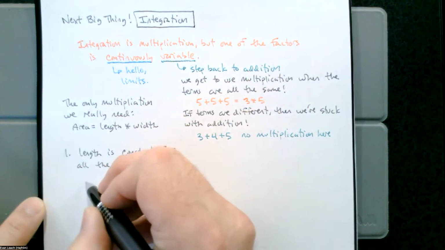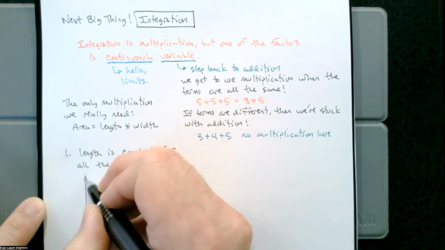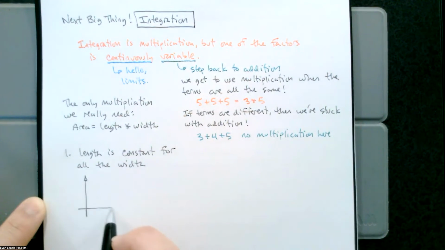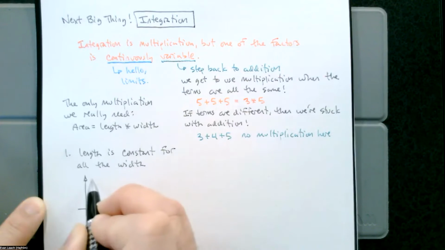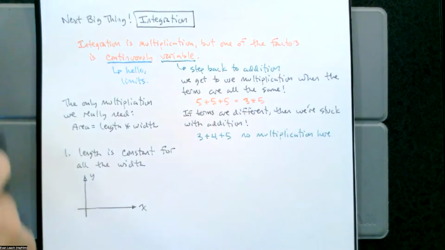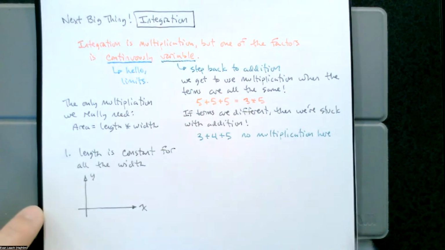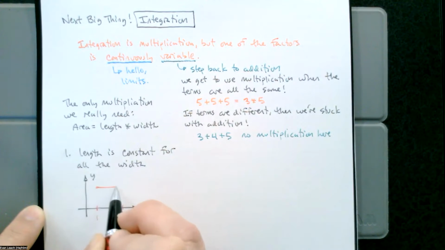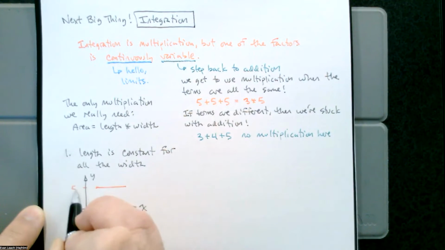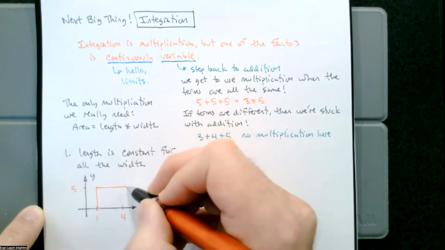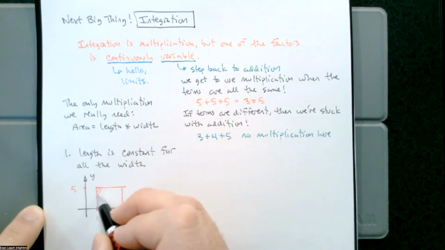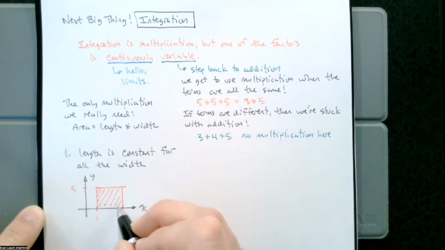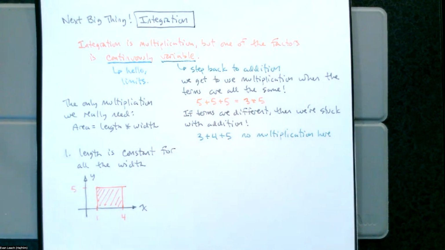I'm going to draw it like a graph. If from 1 to 4, we always see a constant 5, here the length is the same the whole way through.